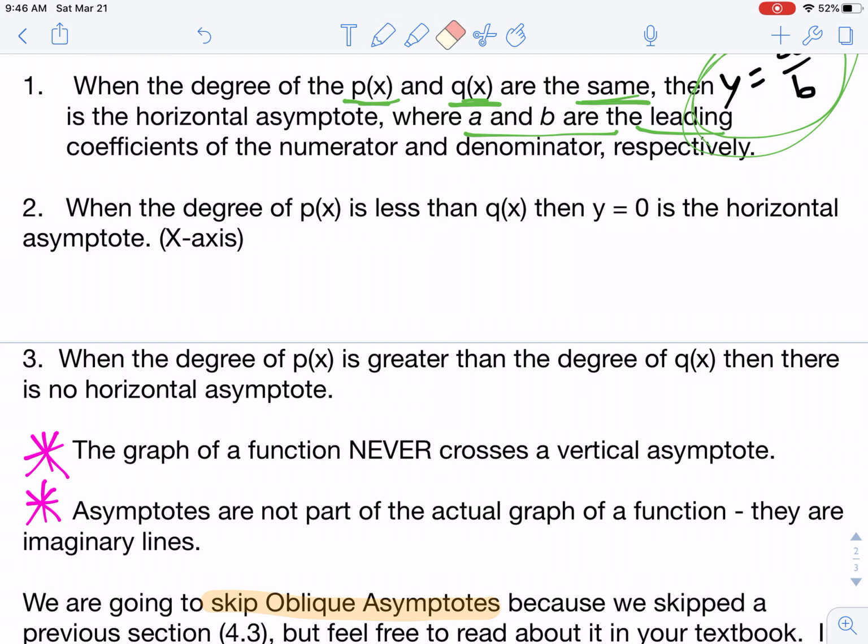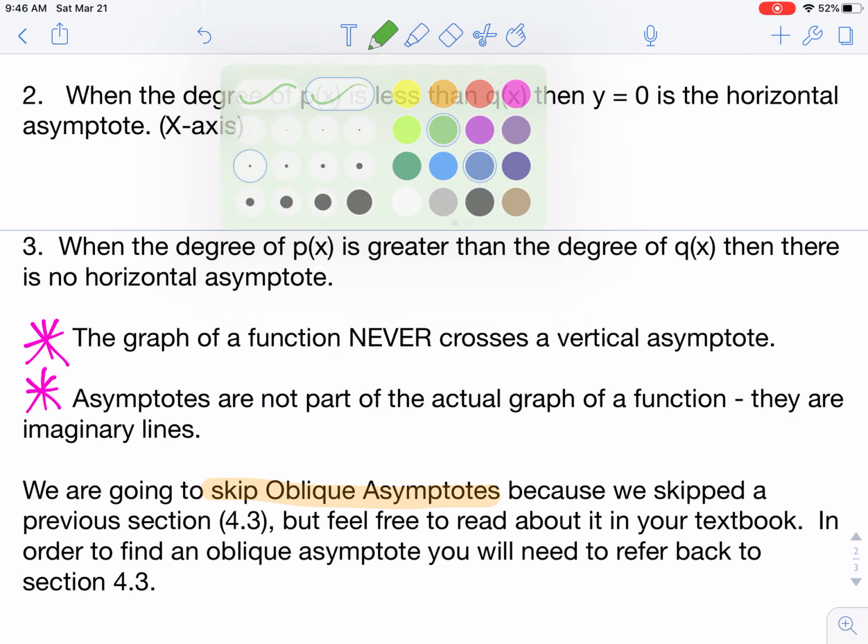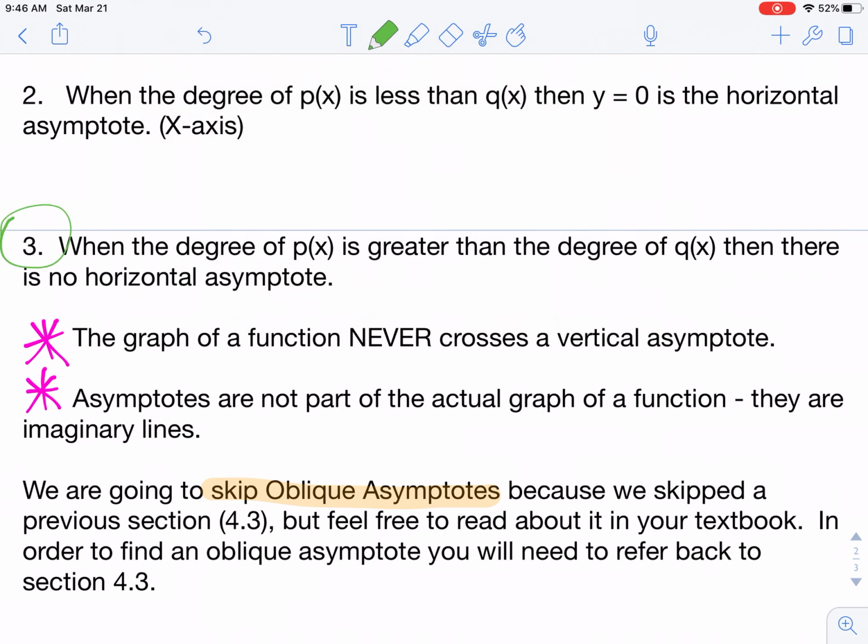So the first thing to pay attention to is what the degree of p of x is and what the degree of q of x is. And the third type is when the degree of p of x is greater than the degree of q of x. In that case, that's the shortest of all of them. There is no horizontal asymptote, so you just write no horizontal asymptote, or just nothing at all. Okay, I guess no horizontal asymptote is an acceptable answer.